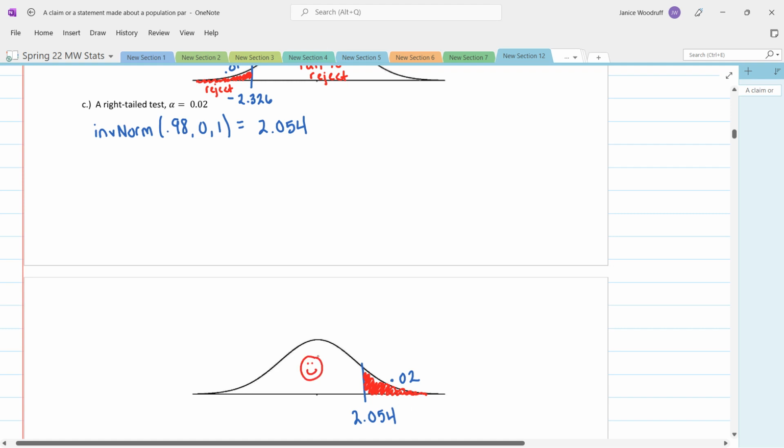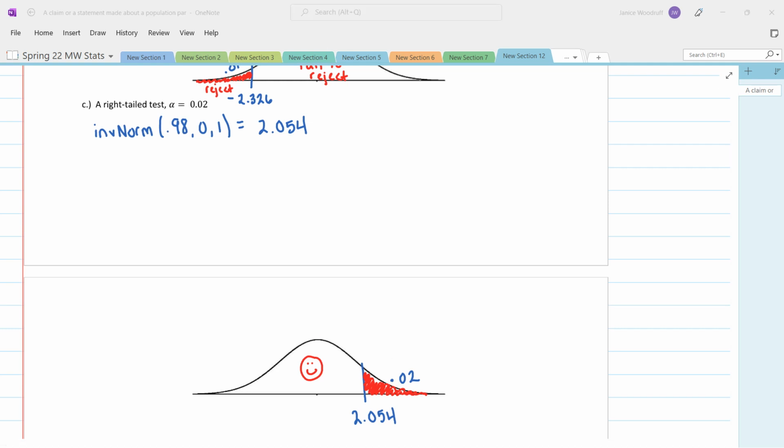The non-rejection region would be anything less than that. And again, that 0.02, that is the probability of a type 1 error.